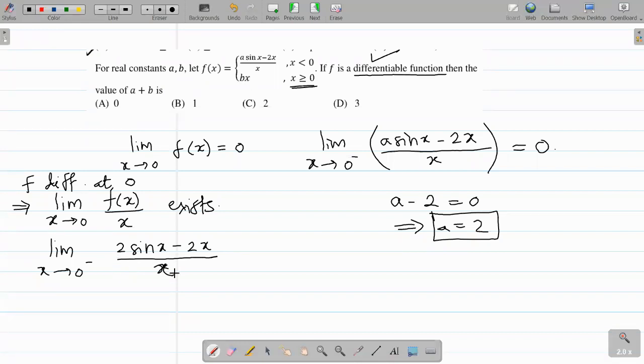So I can write this as x squared, is equal to limit x goes to 0 plus of f(x), that is bx, isn't it? bx minus 0, upon x. X is gone. So this will give you the value of b.